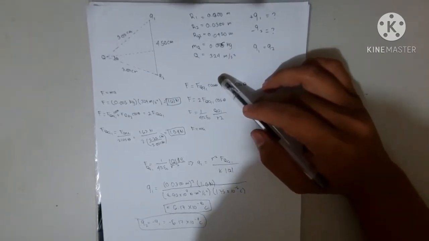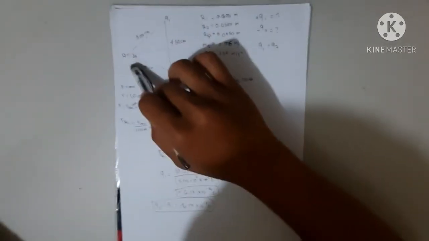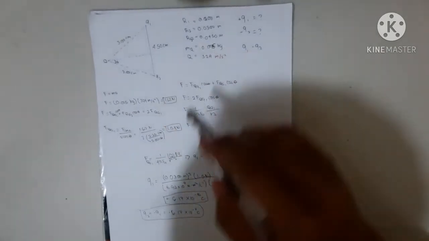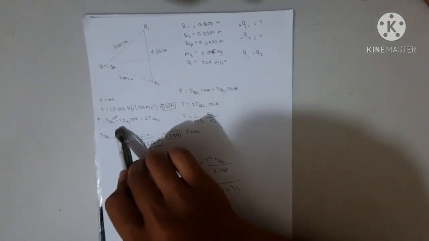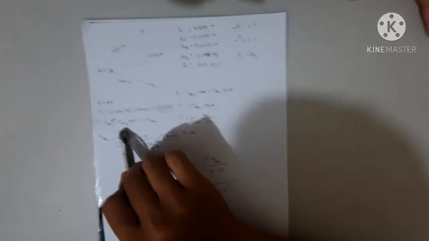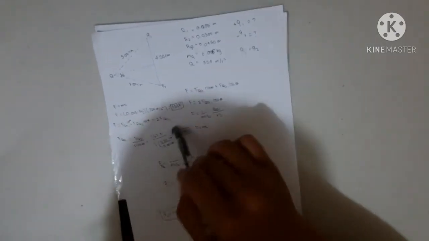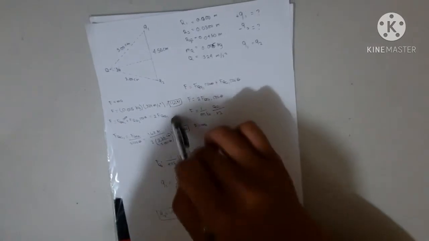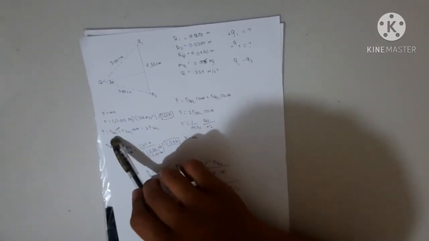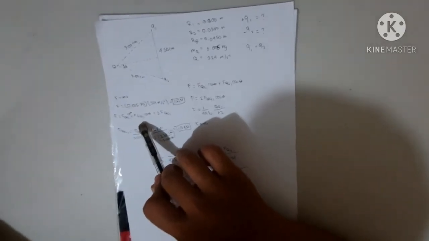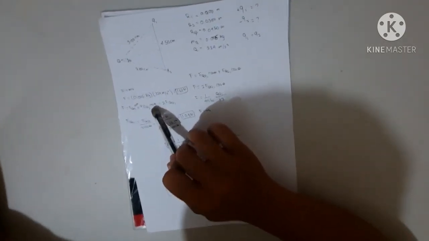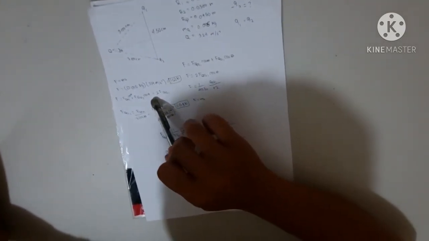So F of Q on Q1 cosine plus F of Q on Q2 cosine theta. That's the reason why I resolved to this equation.